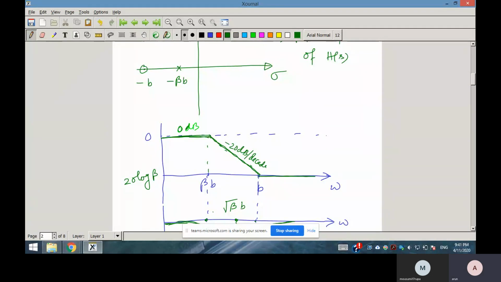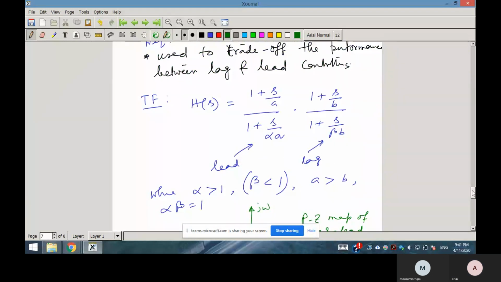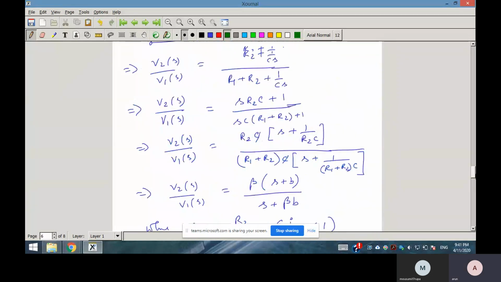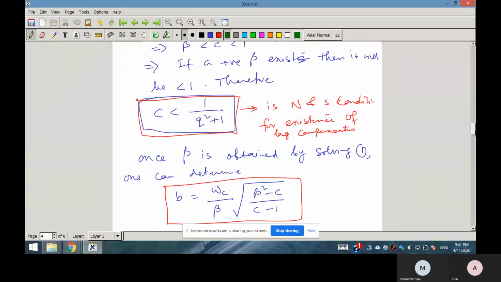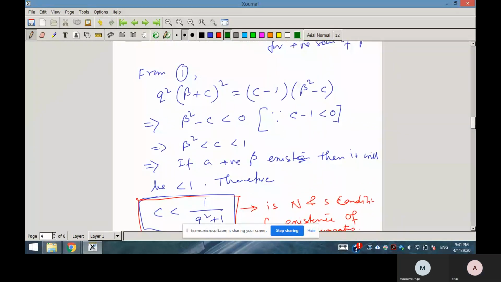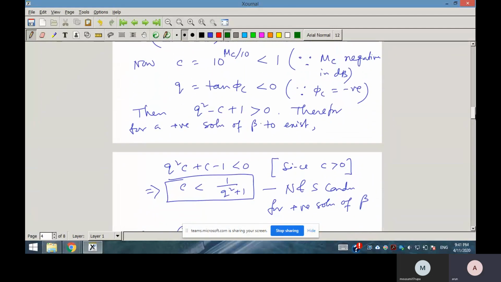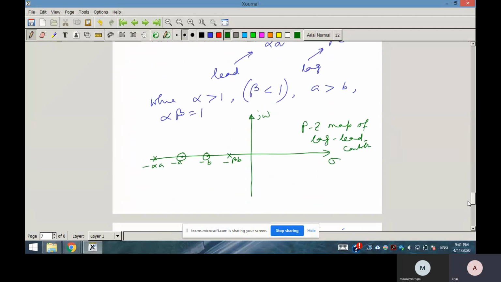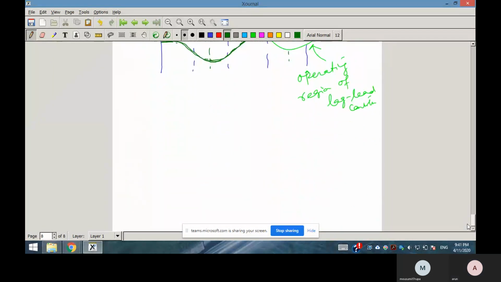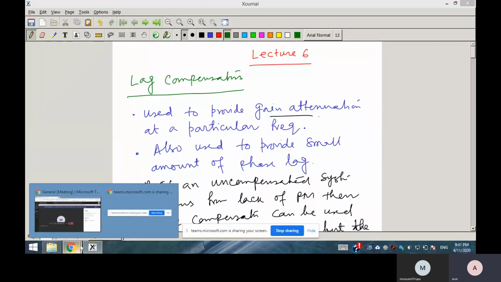This is 0 dB. I think it is fine. Well, okay. So thank you.